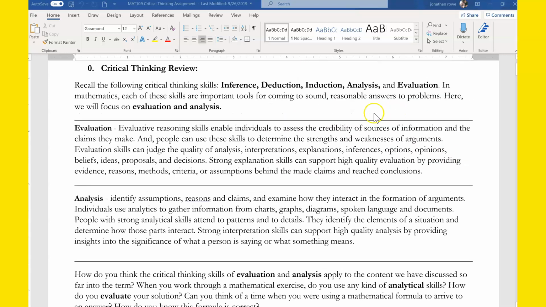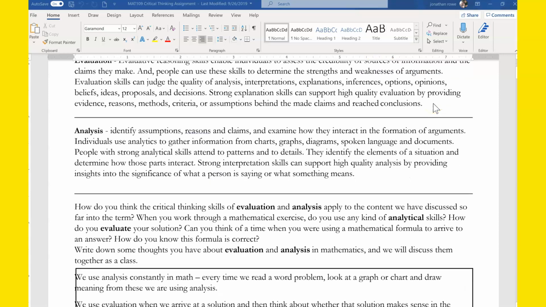Whenever you go back and check your work, you're doing evaluation. Or when you plug your answer back into the original problem to see if it makes sense, you're doing evaluation.